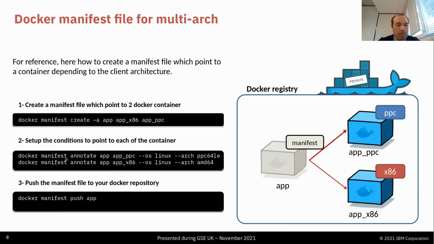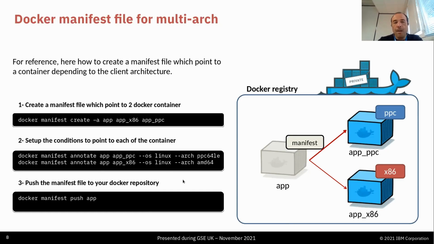Then you annotate your manifest file with the operating system, which is Linux, and you specify the architecture you want to support for your application. Once that's done, you can push your application into the registry, where anyone can pull that image and deploy it to the right target platform.